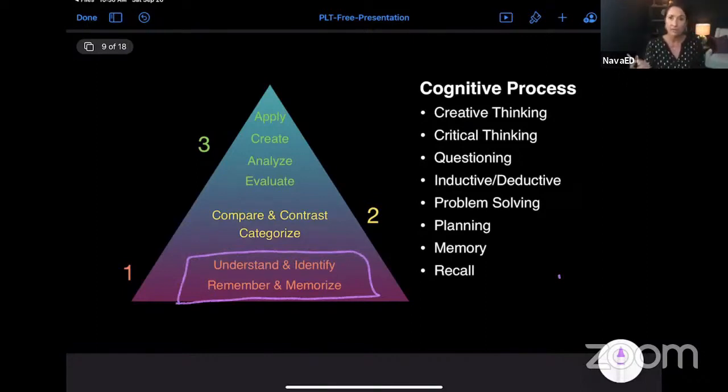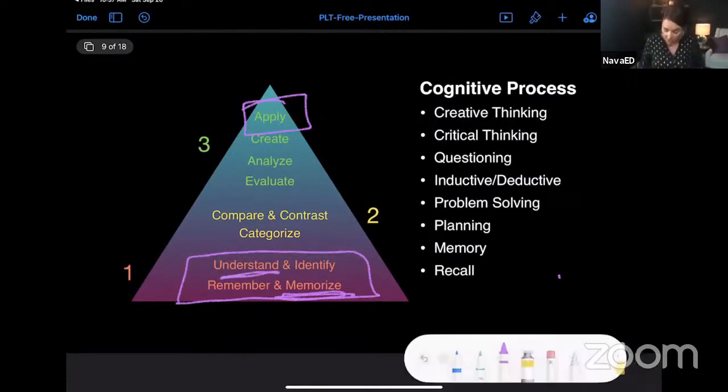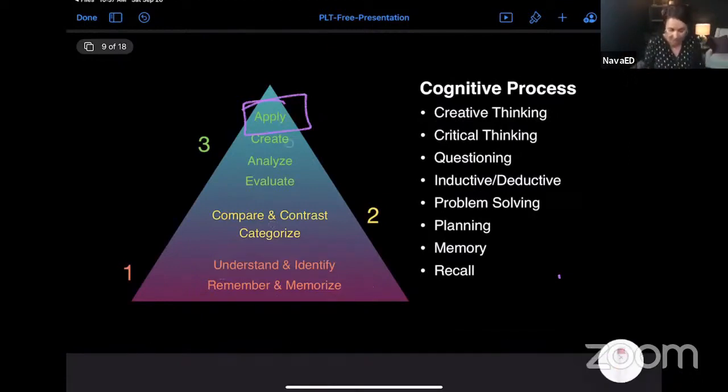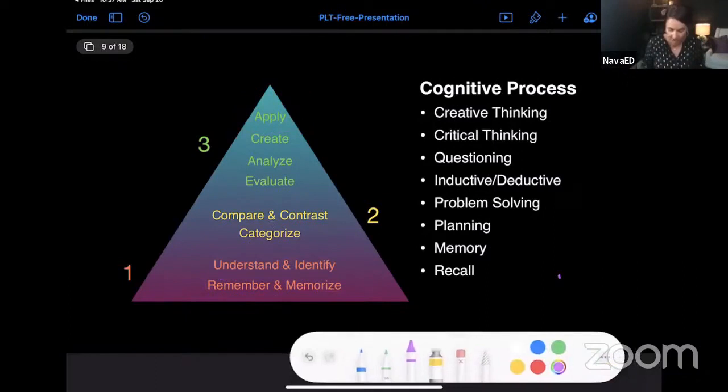Those are low-level skills. They're still necessary. If you're just starting a lesson on like the DNA molecule, you can't be up here at apply because the kids have no idea what's going on. You got to start here by memorizing certain aspects, understanding certain aspects of it. You can't jump to the top of the pyramid without supporting those skills at the bottom. So it's not that one is more important than the other. It's just that they're used in different contexts.